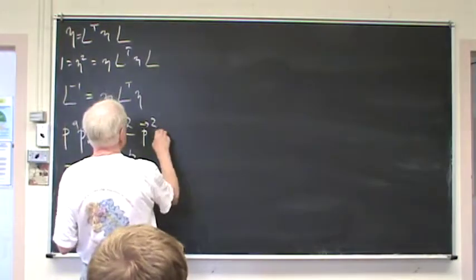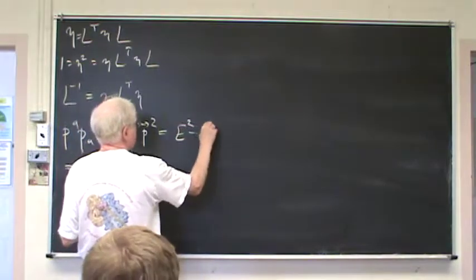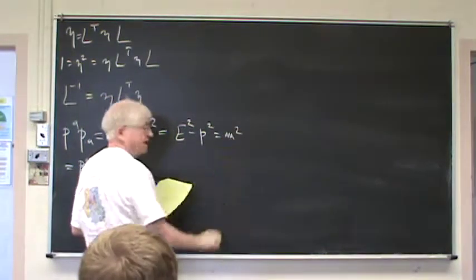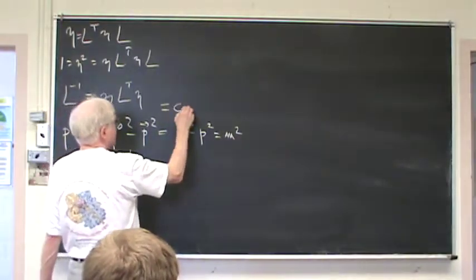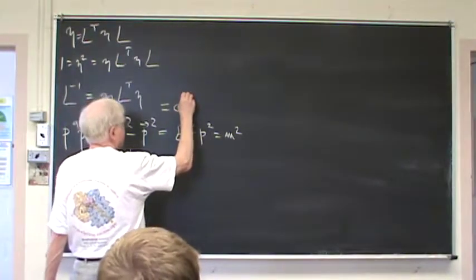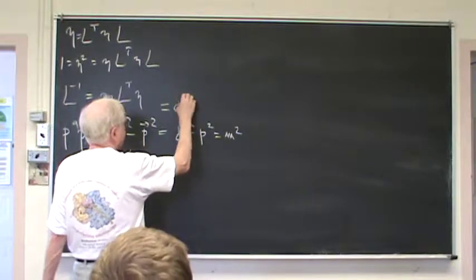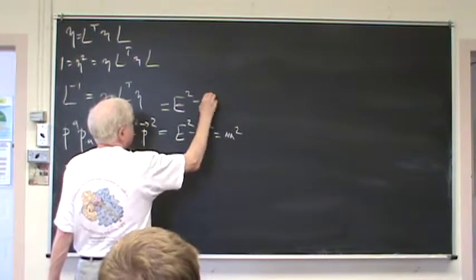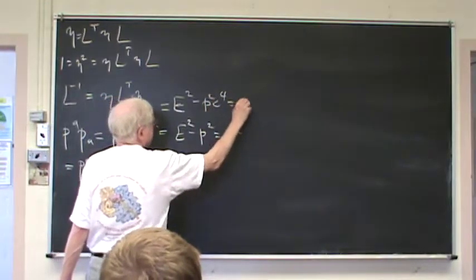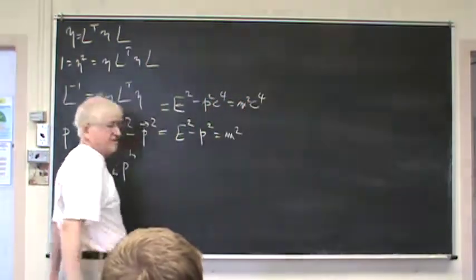And so this is E squared minus P squared, and that's M squared. I've set c equal to 1. If you put the c back in, it's still E squared, goodness, minus P squared c to the 4th equals M squared c to the 4th.